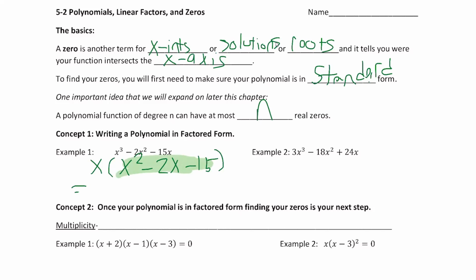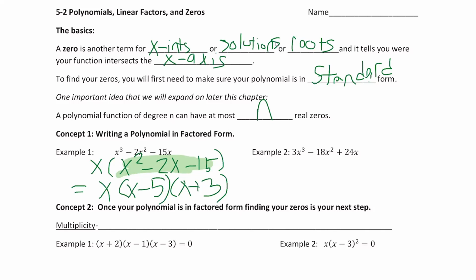So you could write this as x times (x minus 5) times (x plus 3). And then from there, we could pull out our zeros really easily. We would have an x-intercept at 0, an x-intercept at +5, and an x-intercept at -3. If you remember, you set each one of these parts equal to 0 and solve, but they just asked for factored form, so we'd stop.